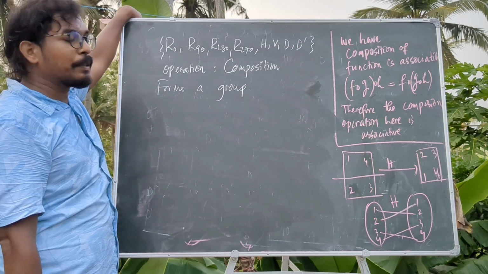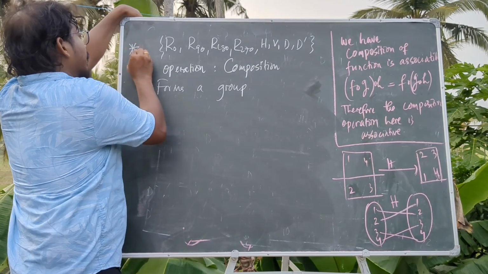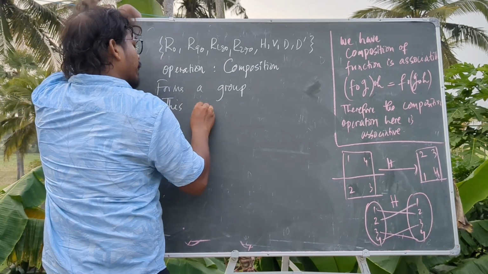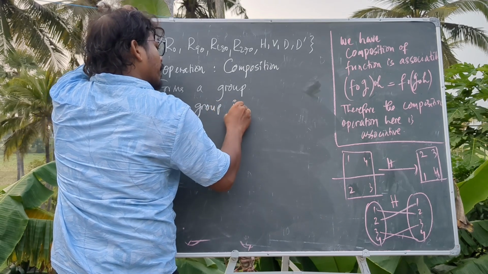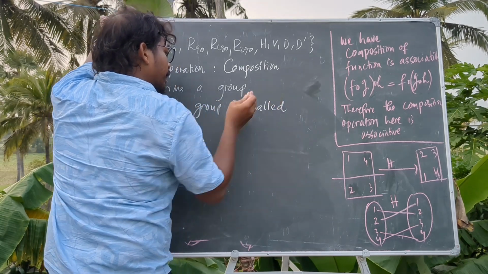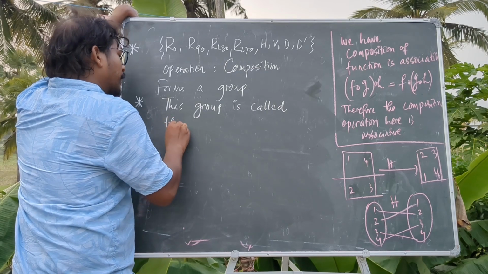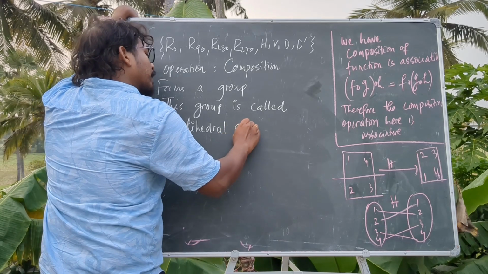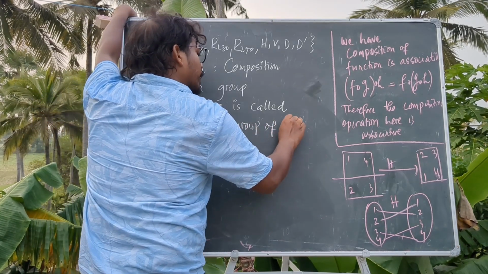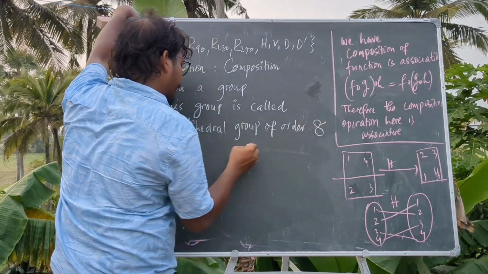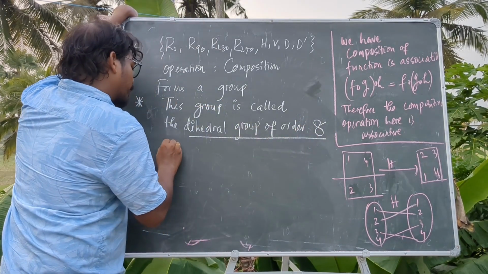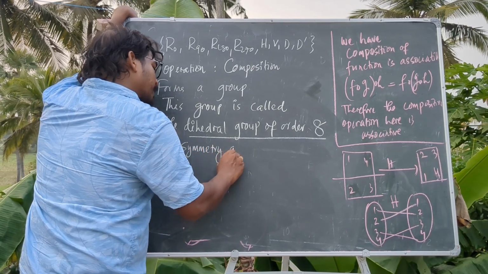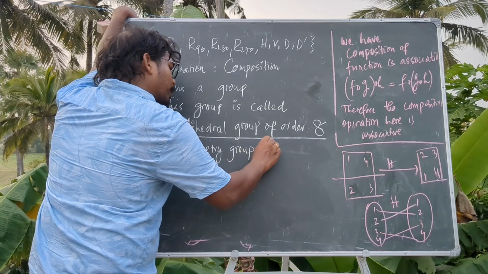And this group has a special name. This group is called the dihedral group of order 8, or the symmetry group of the square.